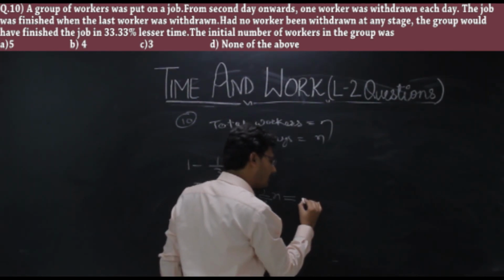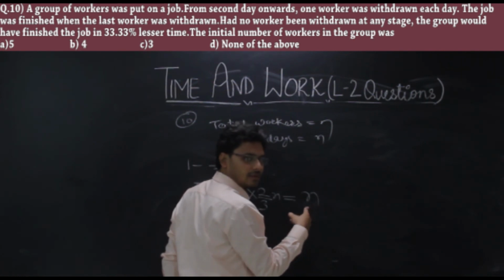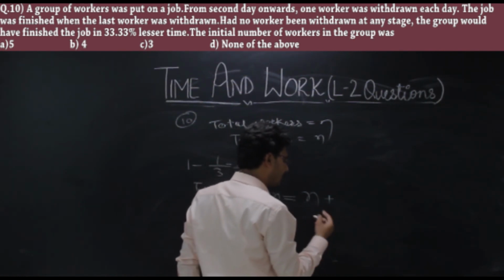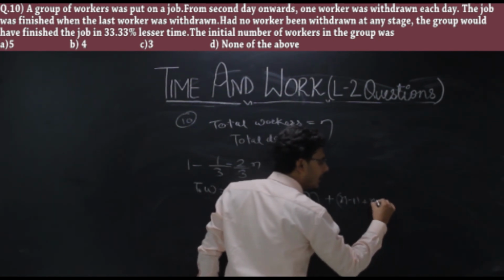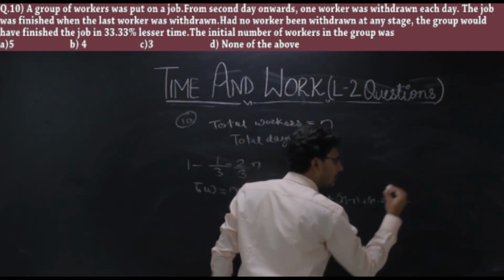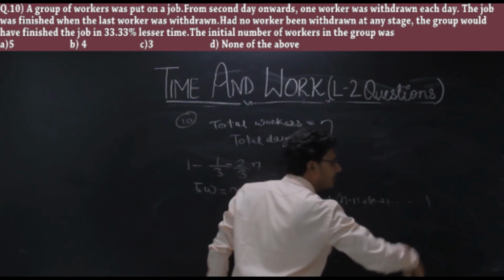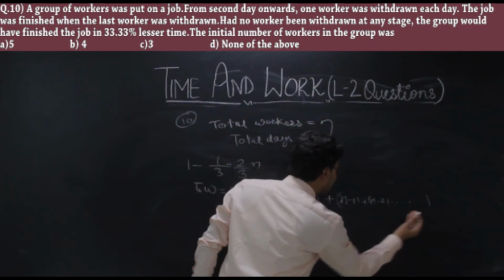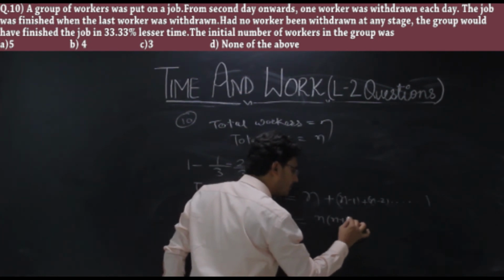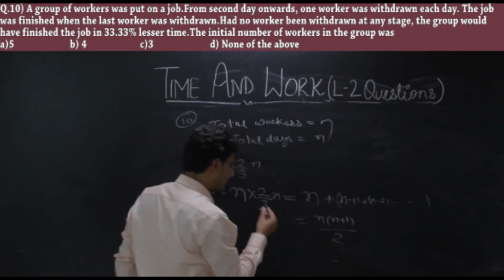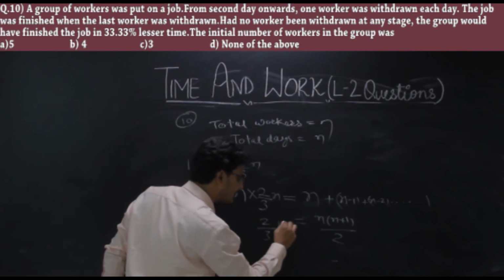So on the first day there will be n guys. Second day one guy less, second day will be n minus 1, third day will be n minus 2, and so on and so forth. Last will be only one person left. So this is nothing but the sum of the n natural numbers, so that is n into n plus 1 by 2, and this is nothing but 2 by 3 n square.